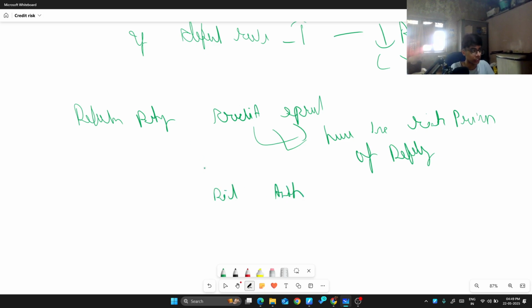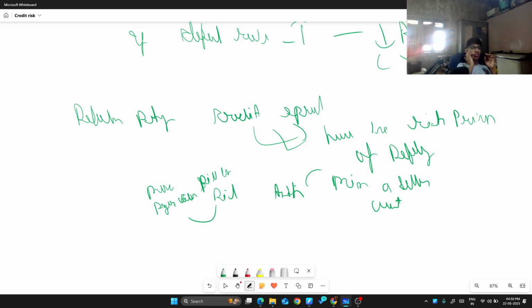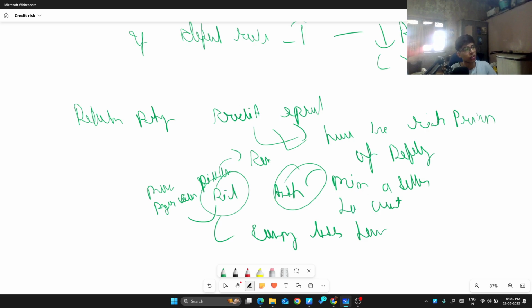Bid is the maximum a buyer can bid to buy, and ask is the minimum a seller wants. If a company has a lower rating, there would be a large gap in the bid ask spread because of the credit rating.